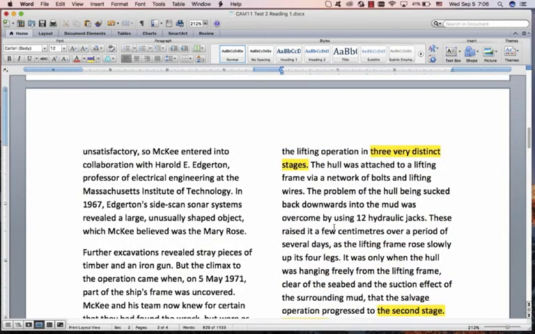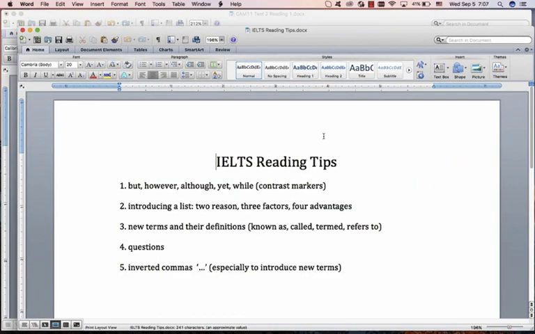So I'm going to take a quick diversion just to show you a couple more examples of how important this language can be. I just want to remind you of our little list that we made in Cambridge 12. And we saw this, we added it to our list as language to notice that will point to important information. Anything, 1 reason, 2 reasons, 3 factors, 4 advantages, 5, whatever, take note of it.